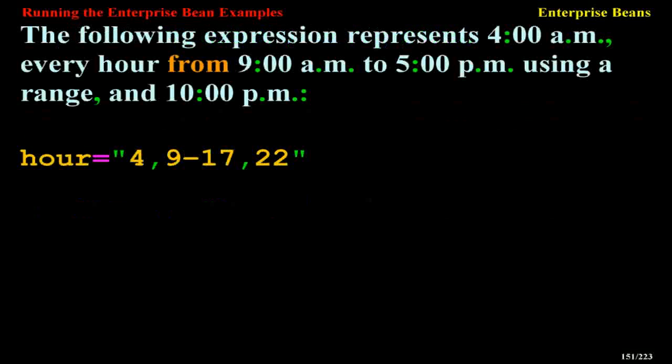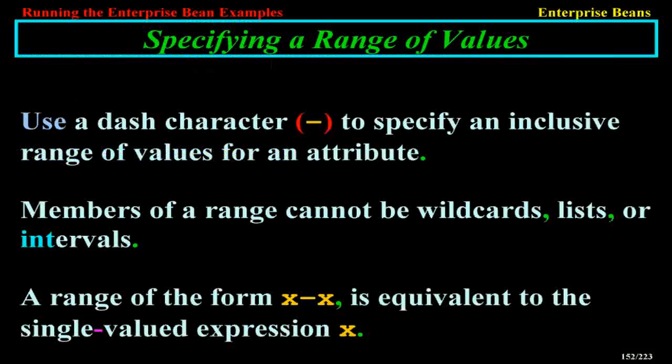The following expression represents 4 a.m., every hour from 9 a.m. to 5 p.m. using a range, and 10 p.m.: hour equals 4, 9-17, 22.